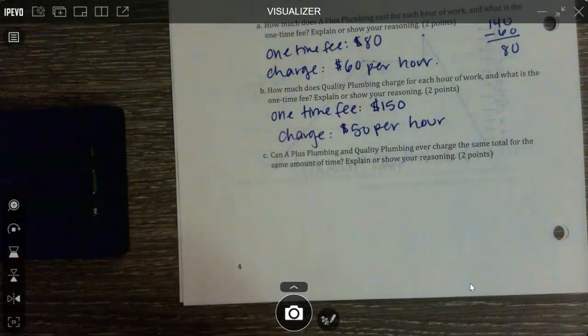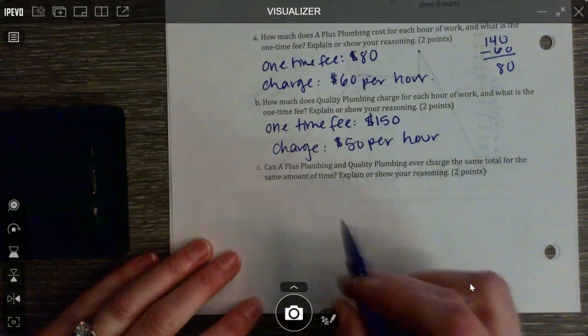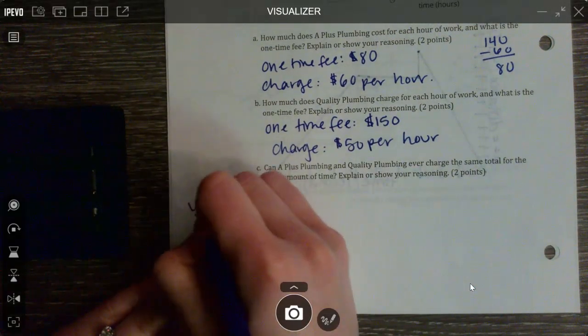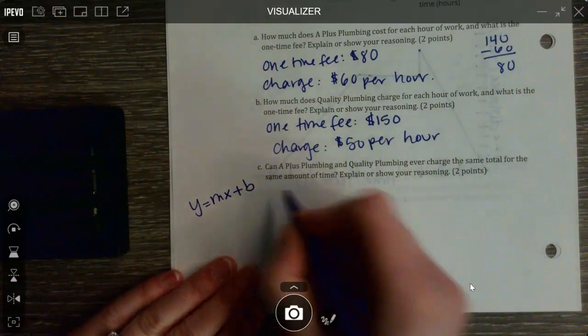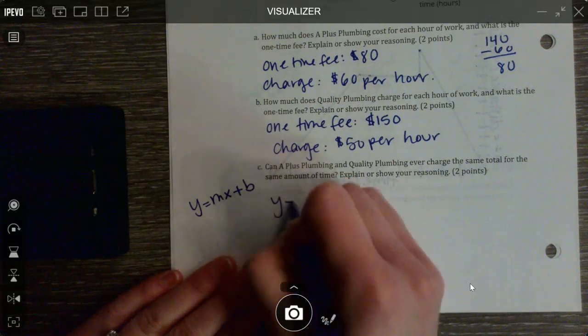Can A+ Plumbing and Quality Plumbing ever charge the same amount at the same time? Explain and show your reasoning. Okay. To do this, I have to set my equations equal. So now is when it's helpful if you wrote equations. But I know they need to be like y equals mx plus b. So I've got, for A+, we've got $60 per hour.